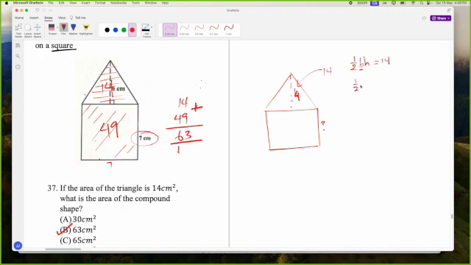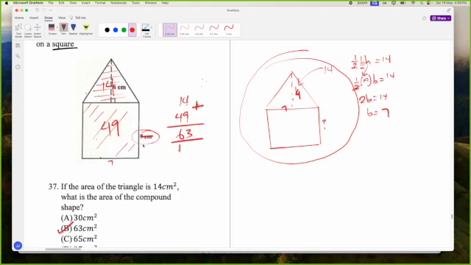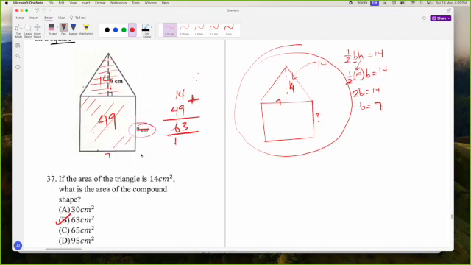So half of 4 times the base is 14, since the height is 4. That is 2b equals 14, and you get b to be 7. When you find the base is 7, I think that is supposed to be the question. I don't think this 7 is supposed to be here, because that's way too easy. Let me know if you have any questions though.